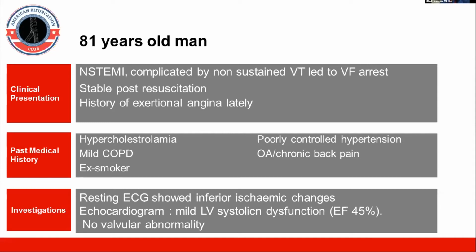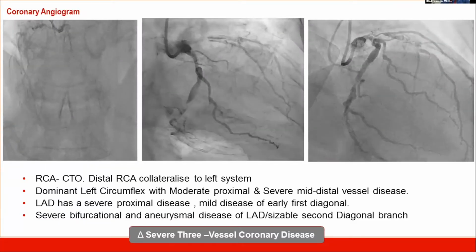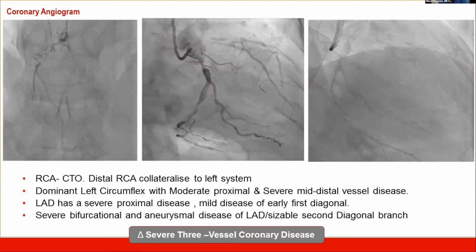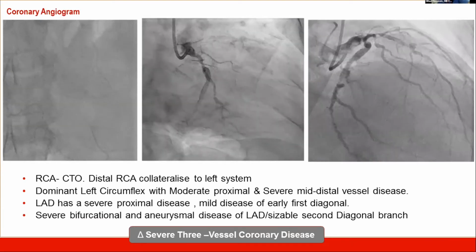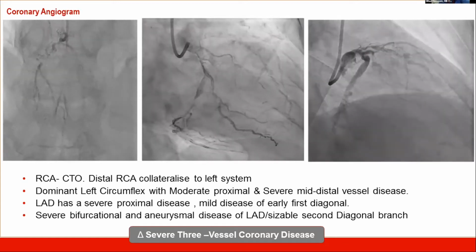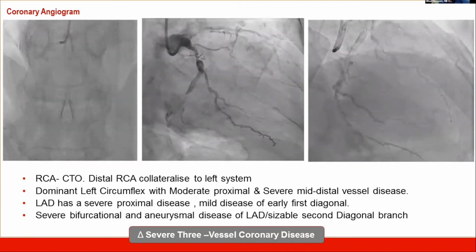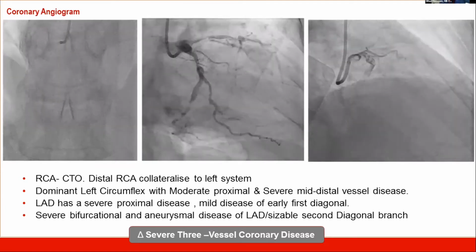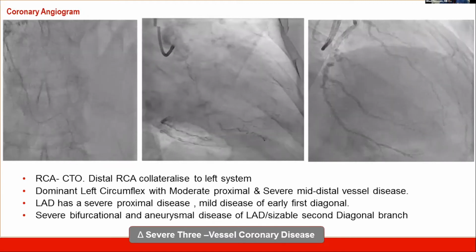From the cardiac point of view, his ECG showed clear inferior ST changes, and his echocardiogram showed only a mild degree of LV systolic dysfunction with no valve abnormality. His coronary angiogram was done via the right radial artery approach, and it has shown chronic total occlusion of the right coronary artery and the distal part of the RCA territory receiving collateral from the left system.